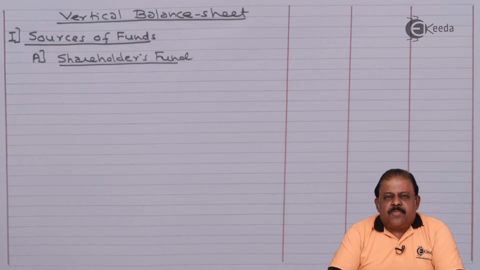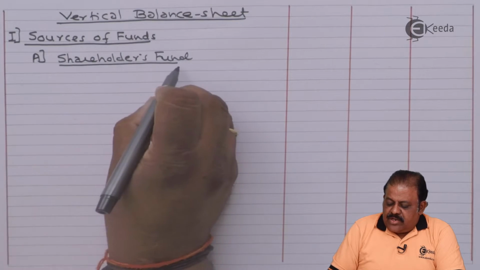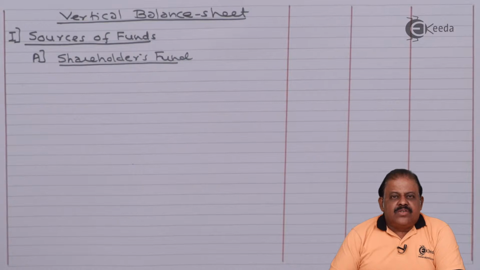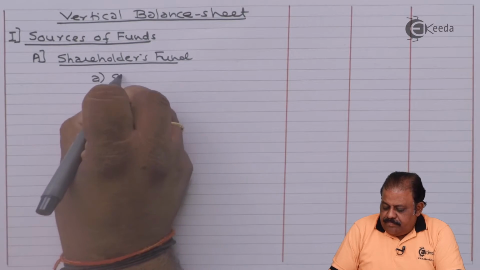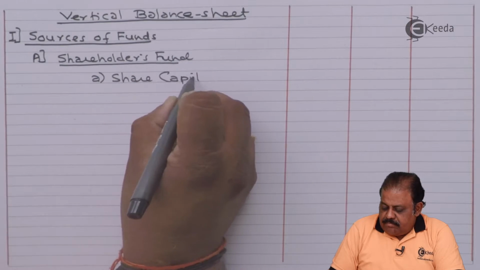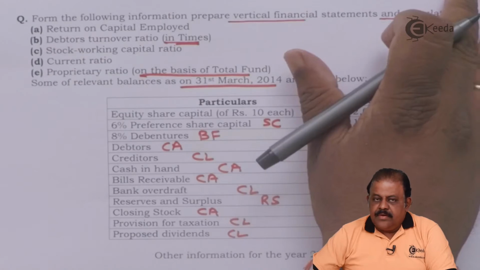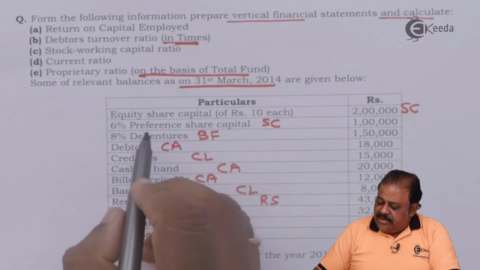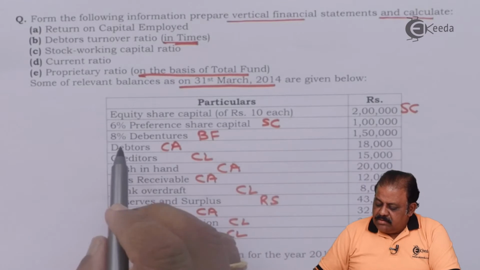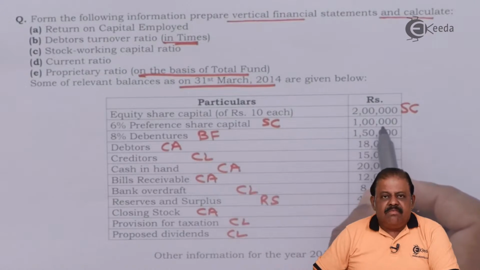Sources of funds, first part of the balance sheet. There we have shareholders fund. In shareholders fund, the first item is share capital. In share capital, we have equity share capital 2 lakhs, preference share capital 1 lakh.